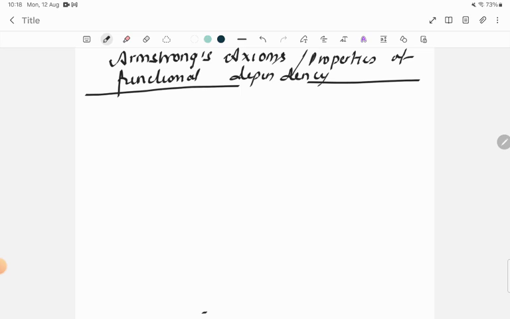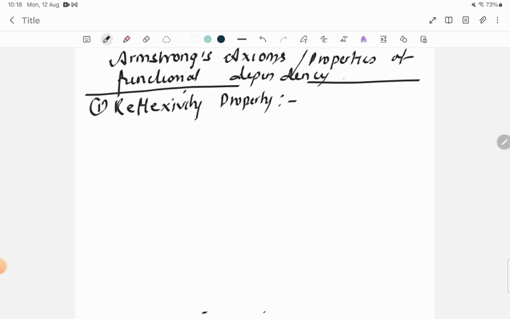The first property is known as the reflexivity property. So what is the reflexivity property? First of all, before discussing this property, let us talk about subsets.